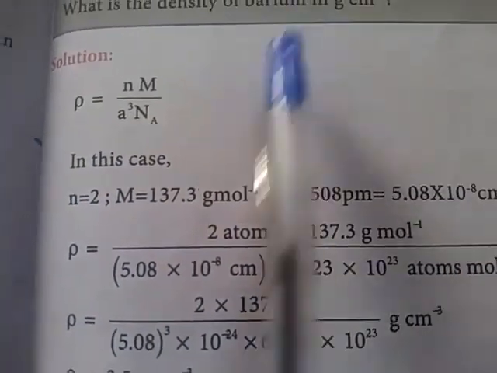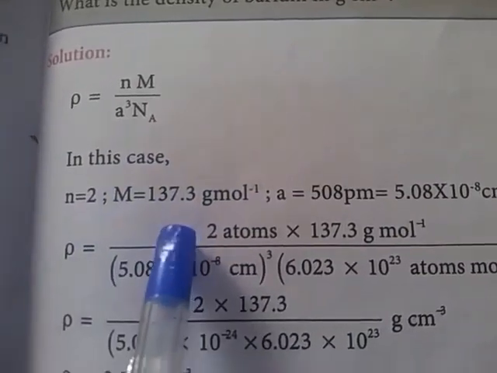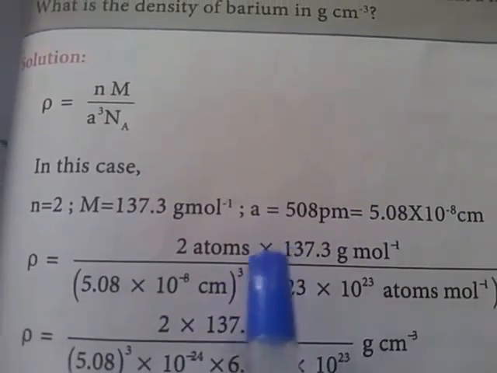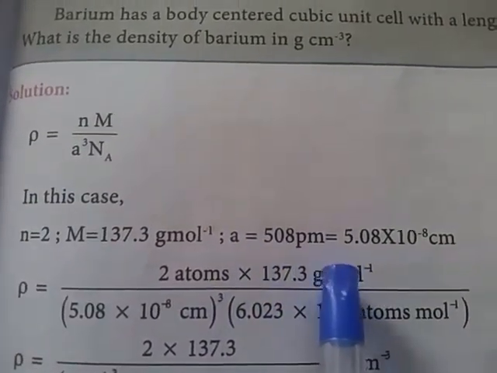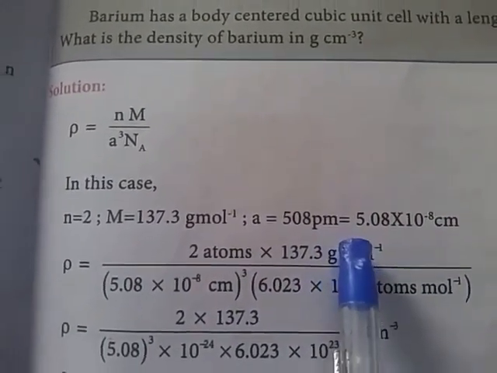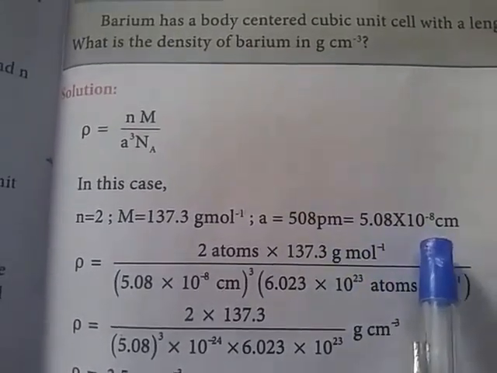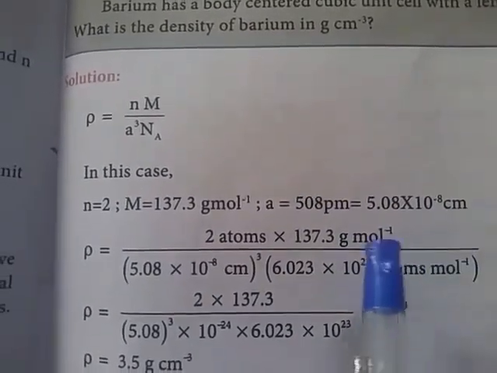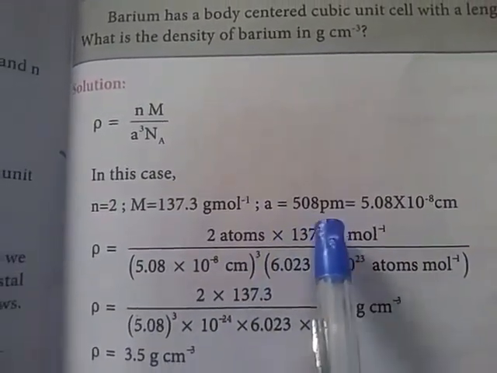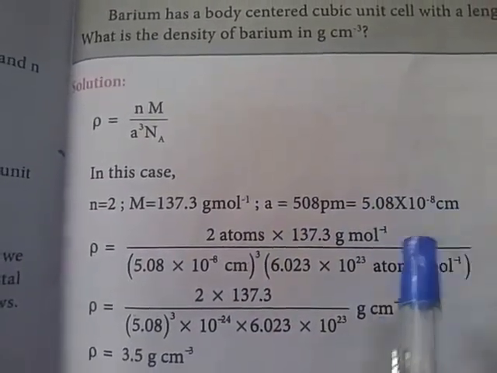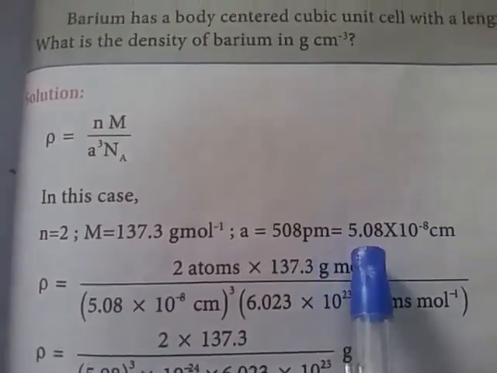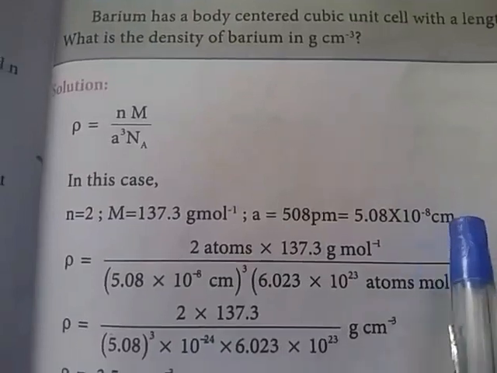For barium, the molar mass is 137.3 gram mole inverse. The edge length is 508 picometer, which is converted into centimeter: 508 into 10 power minus 10 centimeter, which is 5.08 into 10 power minus 8 centimeter.